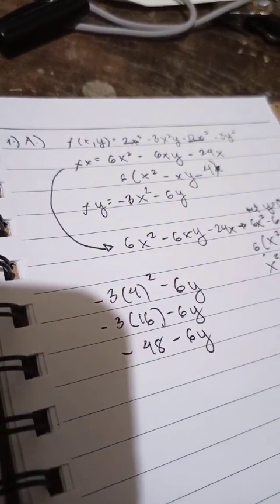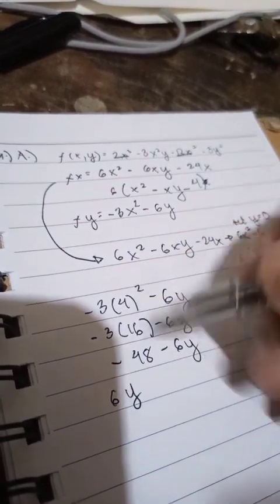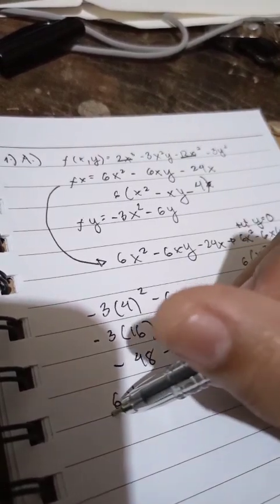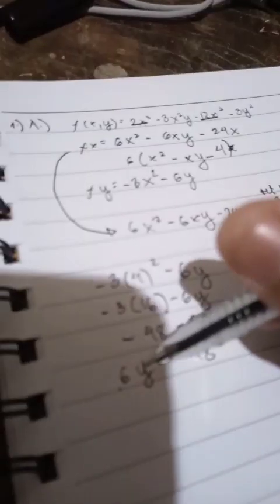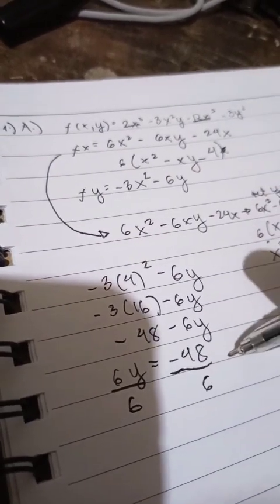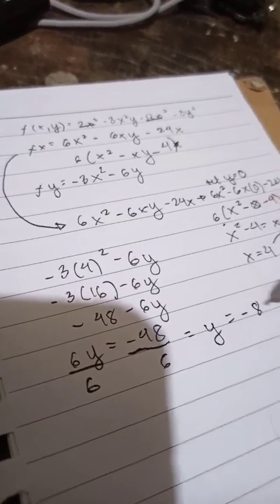Then you transfer 6y, equal to negative 48. Divide both sides by 6. And then you will get y equals negative 8.